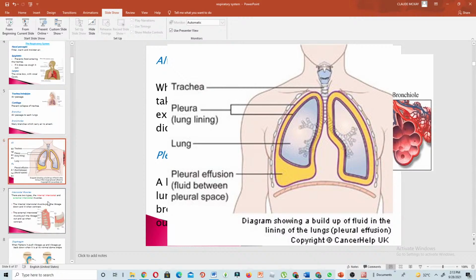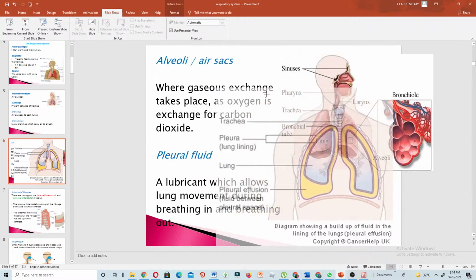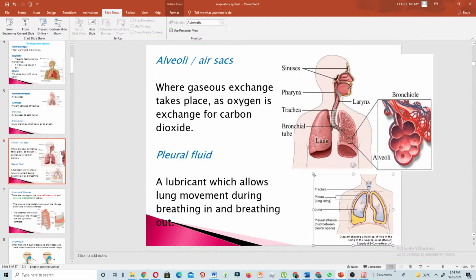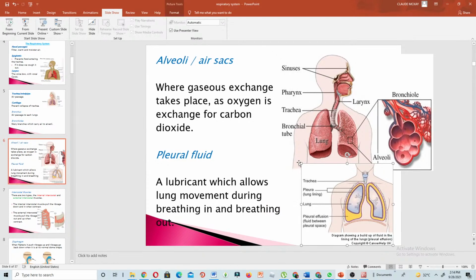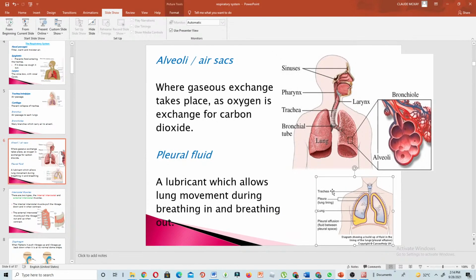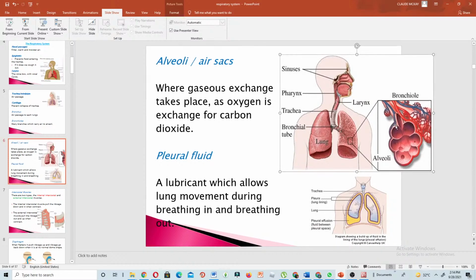Now if the lung should be allowed to rub onto those bones for an extended period of time, then it will actually be damaged. The pleural fluid serves as a lubricant, meaning that it prevents a lot of friction from taking place between the lungs and of course your rib cage.